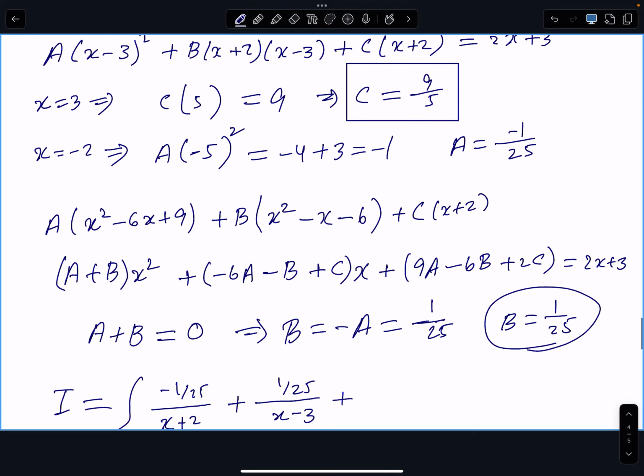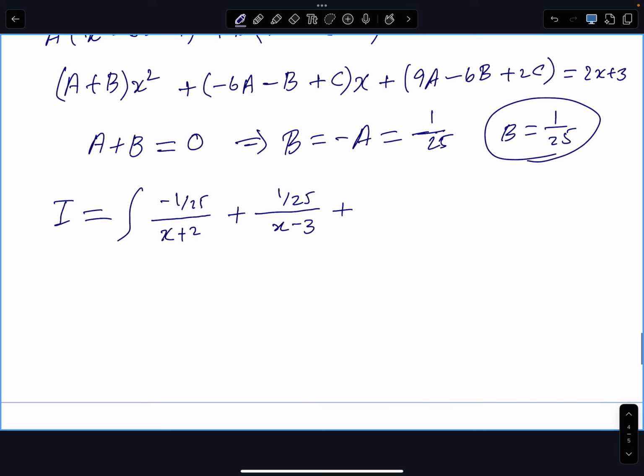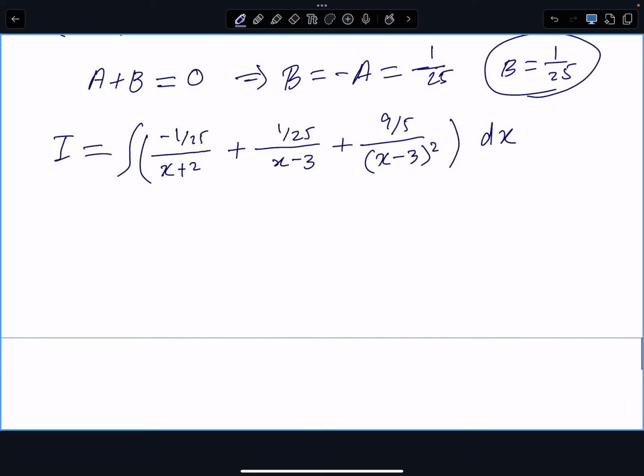And then C was positive, I believe, right? 9 over 5 over x minus 3 squared, I guess, dx. So this one is just gonna be minus 1 over 25 ln of x plus 2 plus 1 over 25 ln of x minus 3, minus 9 over 5.